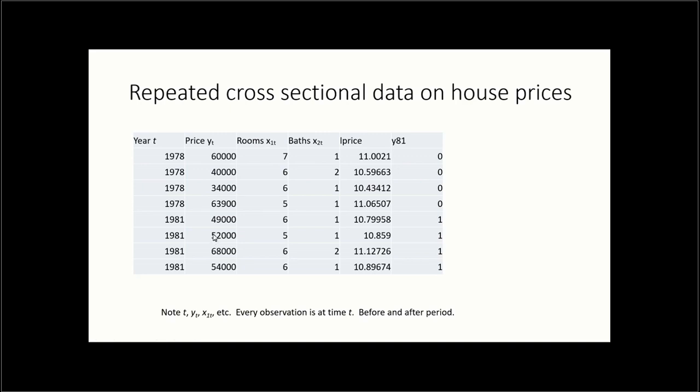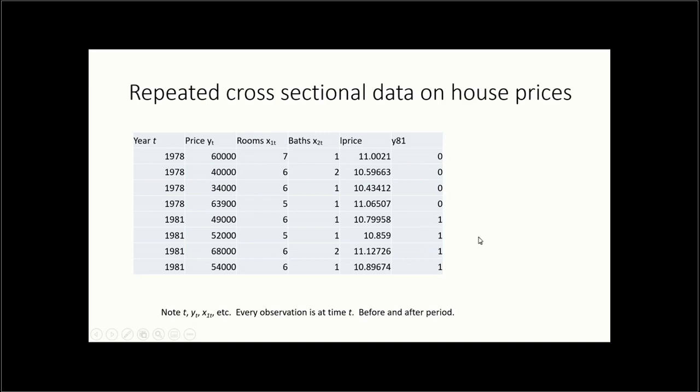And so here we can talk about the model where the house price depends on how many rooms the house has, how many baths, and so on. This variable is the logarithm of the price variable. And one variable that we can create that's very important in these models is the dummy variable, where we can say equal to 0 if it's in the before period and equal to 1 if it's in the after period.